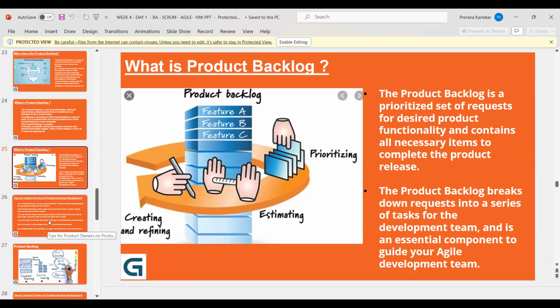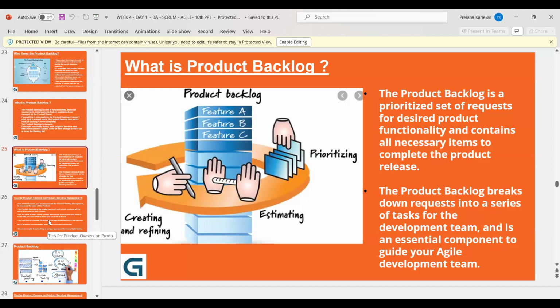Then he has the list of all the priority functionality and continues with the prioritizing work. And that's when you see the product backlog stack: feature A, B, C, and so on.